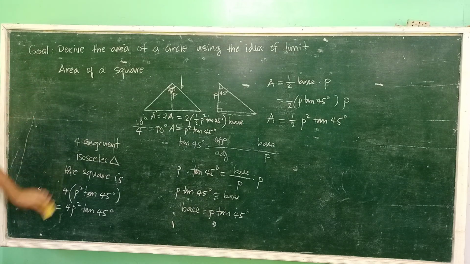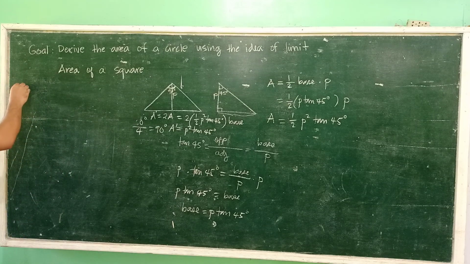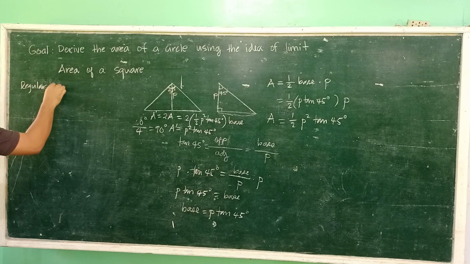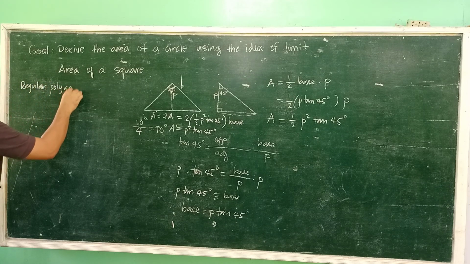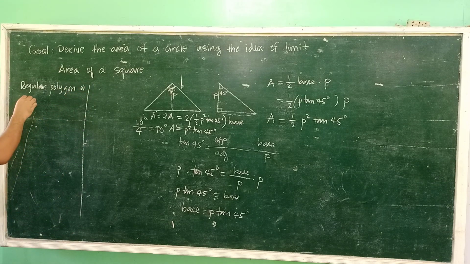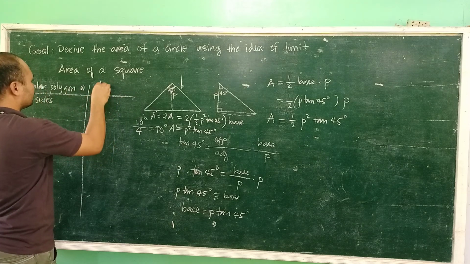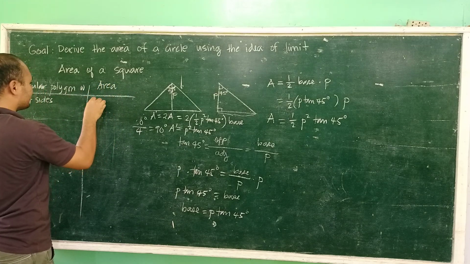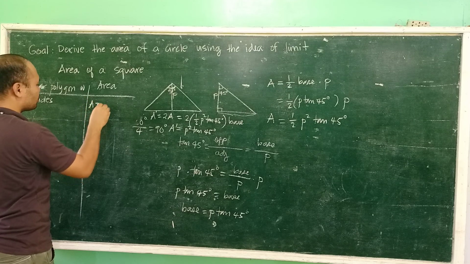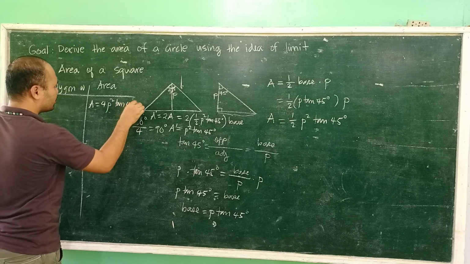When you have a square, a regular polygon with four sides, the area A is just equal to 4P squared tangent 45 degrees.